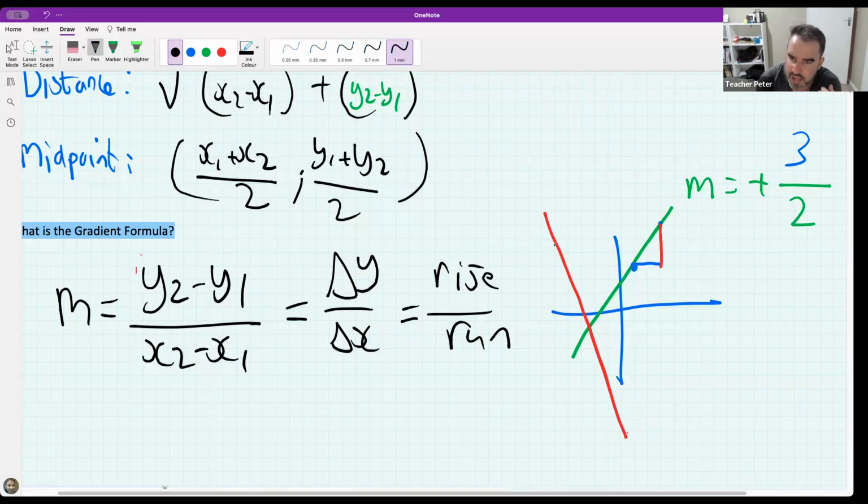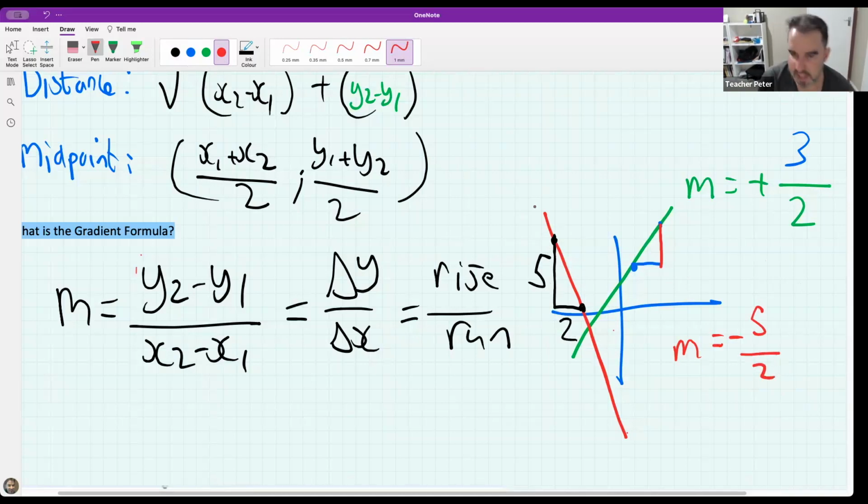If we look at the red one, two useful points would be these 2 points here and here. For this, I go 1, 2, 3, 4, 5 down, and I go 2 across. So the gradient of the red line would be negative 5 over 2.